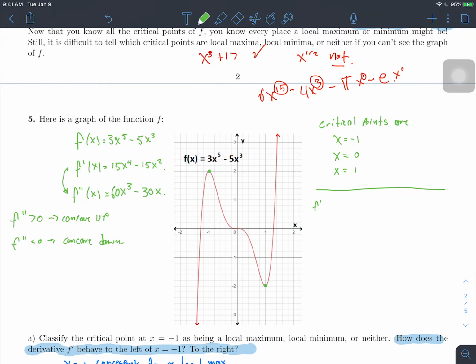So let's try f double prime of -1. Well, we'd get -60 plus 30 equals -30. So we have f double prime of -1 is less than 0. This means we're concave down at that critical point. And that tells us that x equals -1 is a local max.